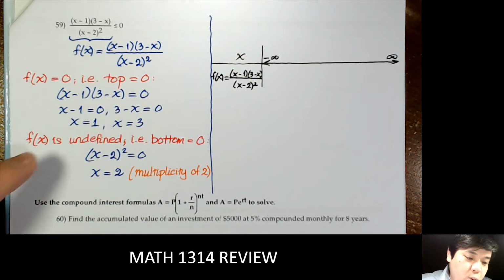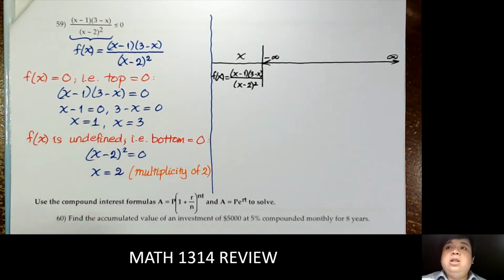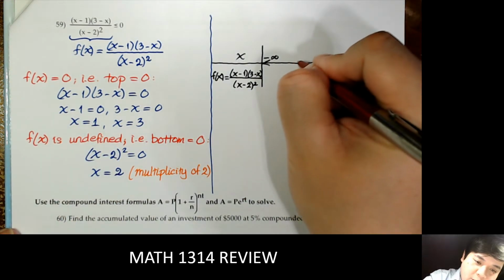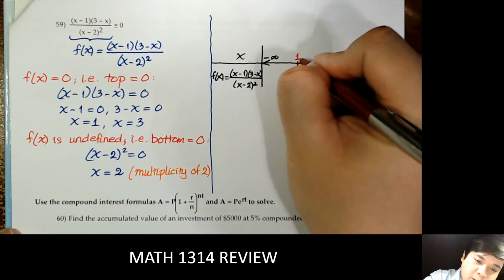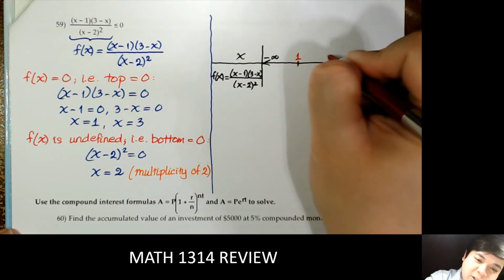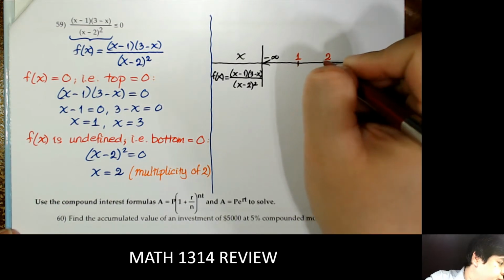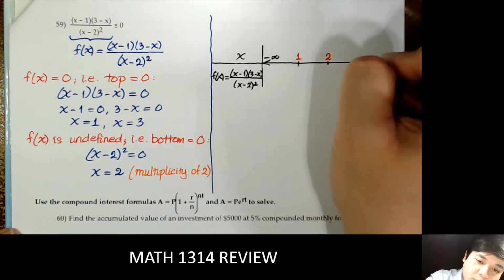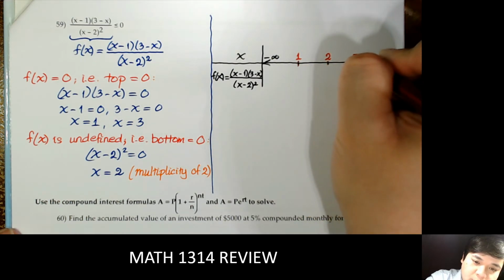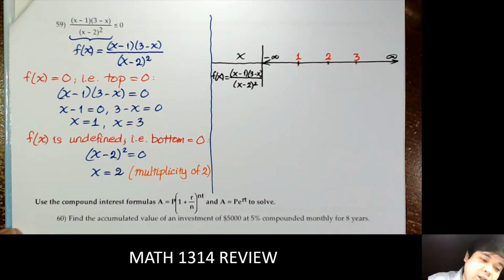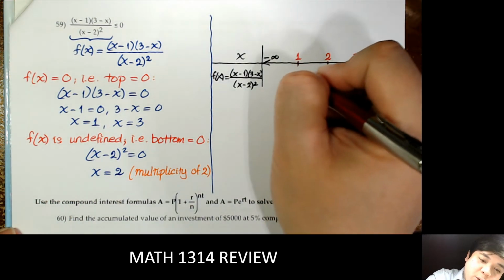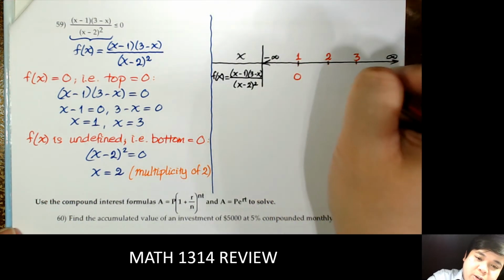So we have the points 1, 2, and 3. Just need to put them in the right order. The scale doesn't really matter. Right. When x equal to 1, the top is equal to 0, the function is equal to 0.